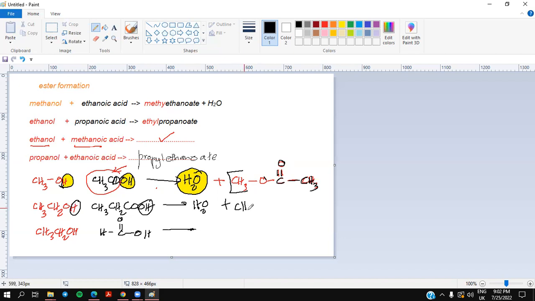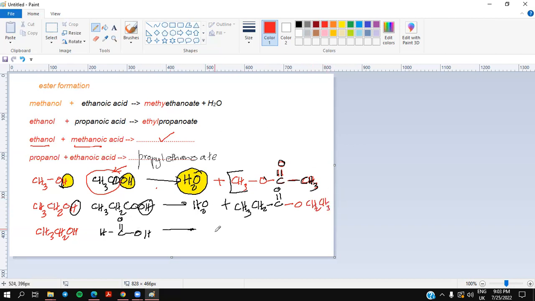There's no harm. CH3, CH2, and this carbon oxygen is coming like this, carbon oxygen. And then the alcohol part, oxygen, CH2, CH3.